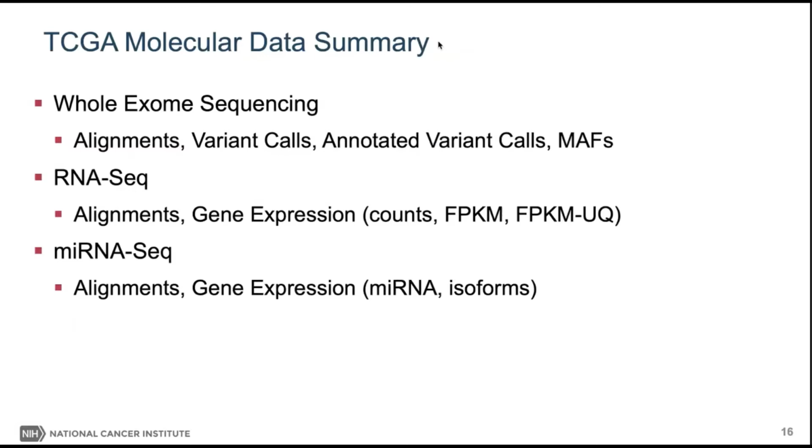For whole exome sequencing, we have the variant calls that were called using 5 different pipelines, variant calls that are annotated, and then finally the variant calls that were originally VCFs were converted to MAF files. For RNA-seq and microRNA-seq, we have the regular things you would expect out of gene expression: just gene expression files that were produced from those alignments.